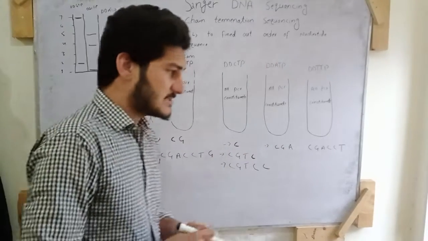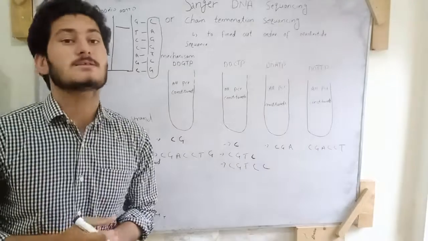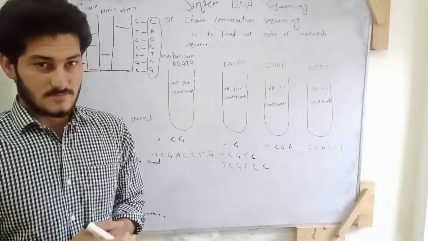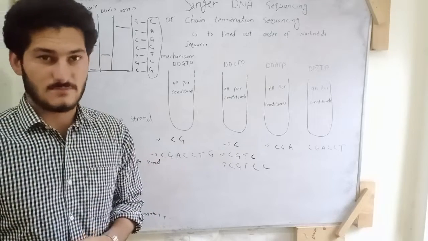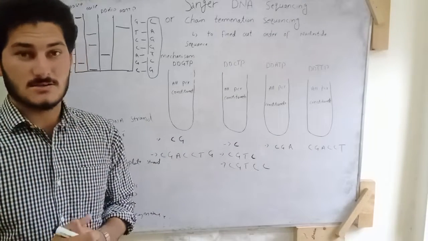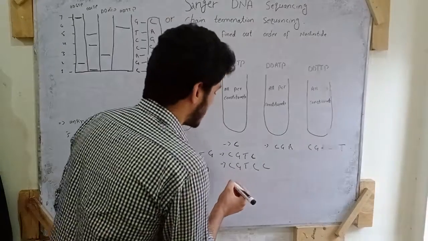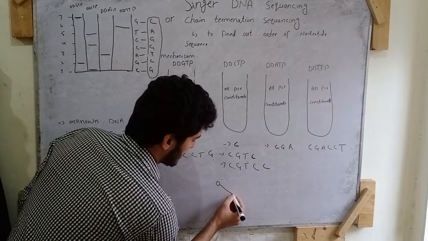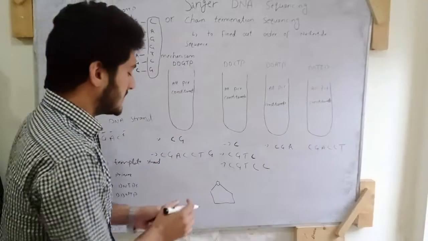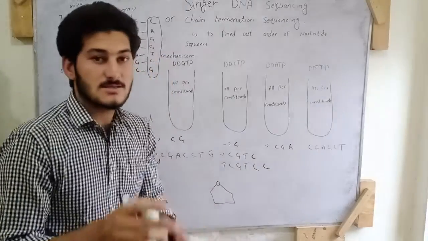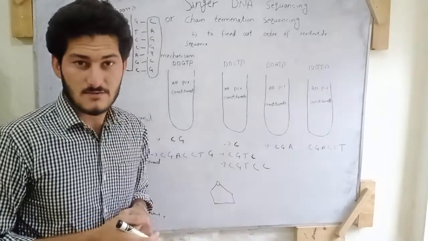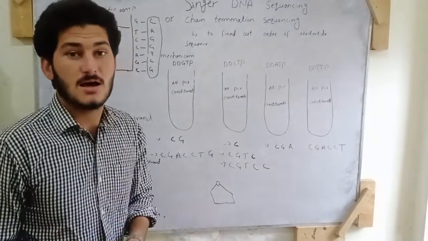A question arises: why is Sanger sequencing also known as the dideoxy nucleotide sequencing process? Because we modify a nucleotide. This is the structure of a normal nucleotide. In a normal DNA nucleotide, a hydroxyl group is present on the second carbon position and also on the third carbon position.